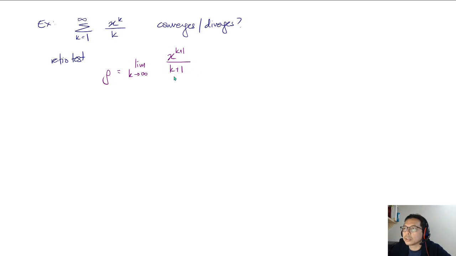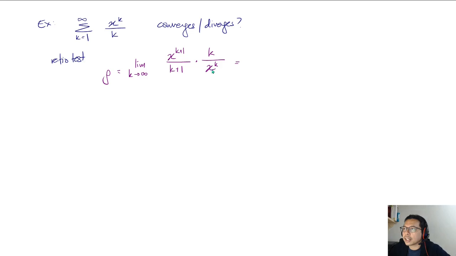So I'm just going to skip that part, and then I rewrite that as times k over x to the power of k. Okay, I'm still using the ratio test, but I've rearranged everything.